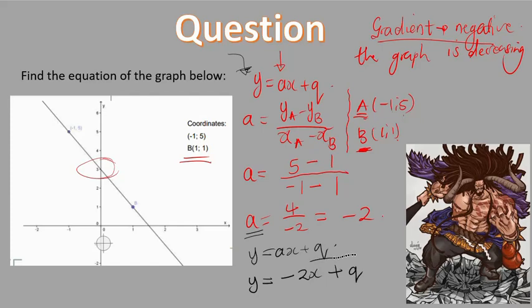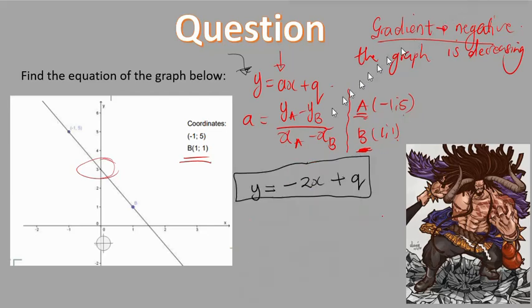And now being at this point, this is what I need to move forward. Let's remove everything and be left with this now. Okay, I said I'll remove everything, but this is what I'm removing. So with this equation here, I want to take one of these coordinates, this one or this one, and substitute it here so that I can find q.